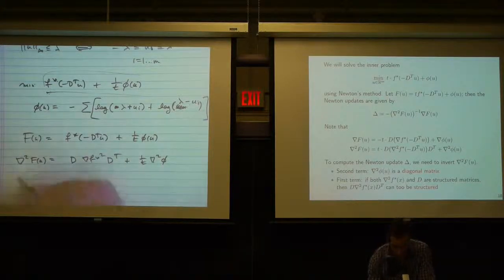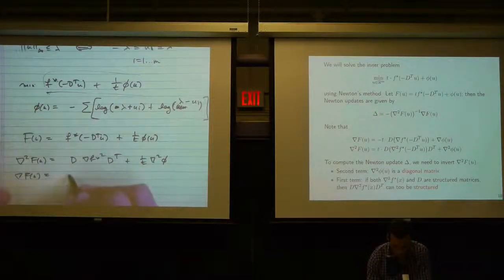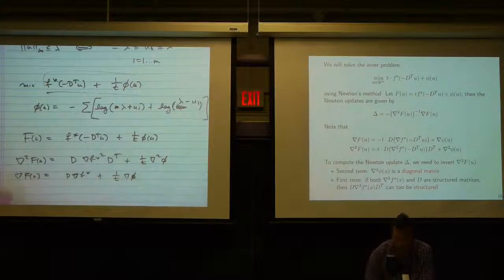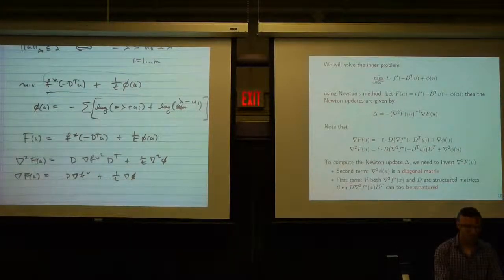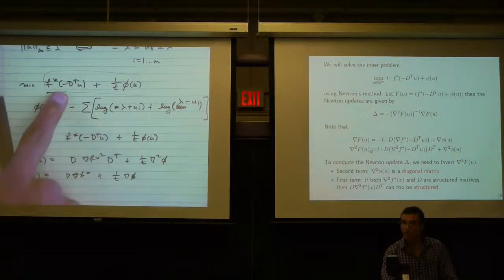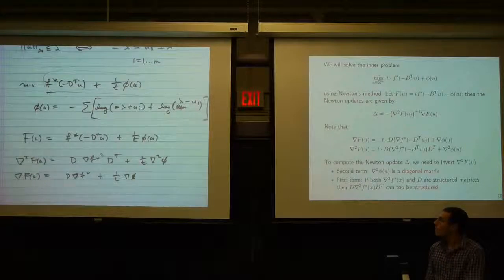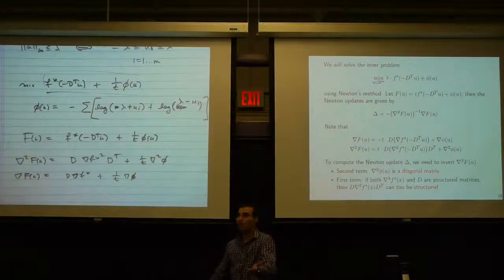The gradient doesn't really matter for computational purposes. We can just compute it. It ends up being d times the gradient of f star plus 1 over t times the gradient of phi. The only difference from the slide is that I put the t in front of this part in the slide rather than 1 over t here, but it's the same. Let's suppose we could derive f star, and it turned out that the Hessian of f star was diagonal also.